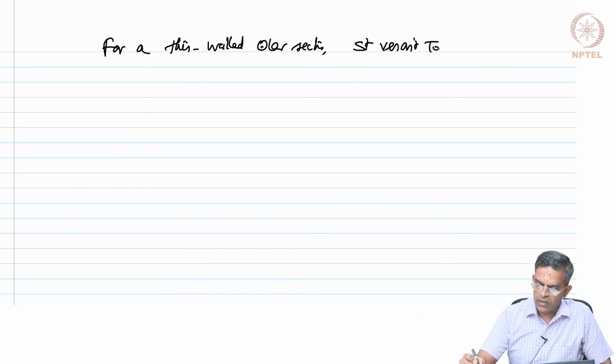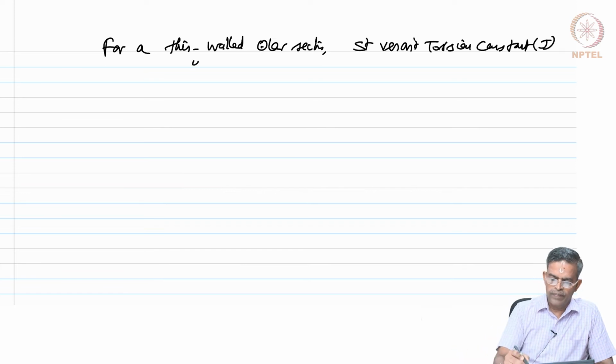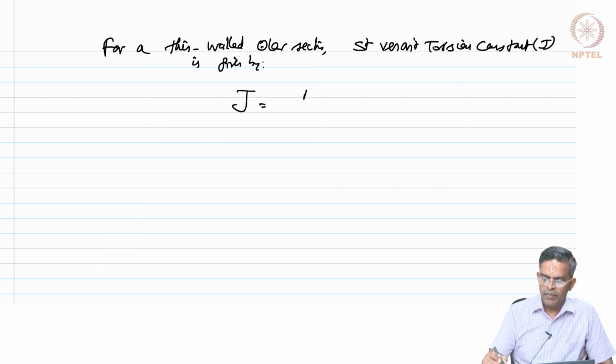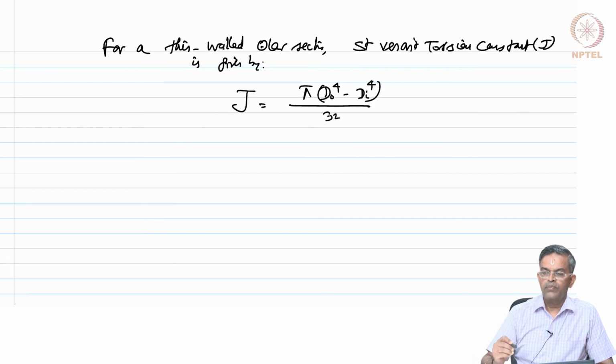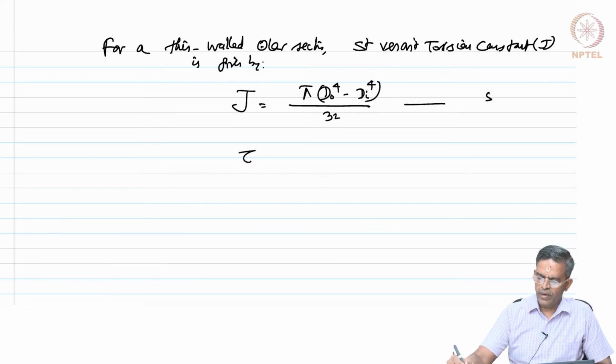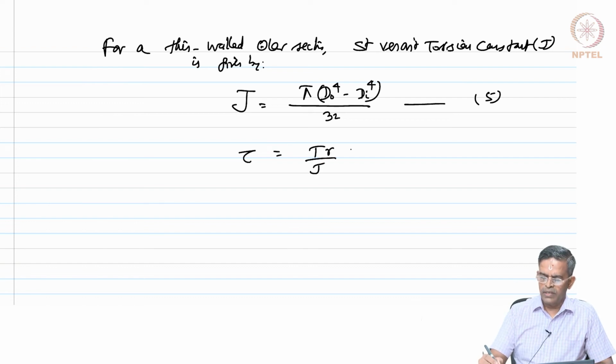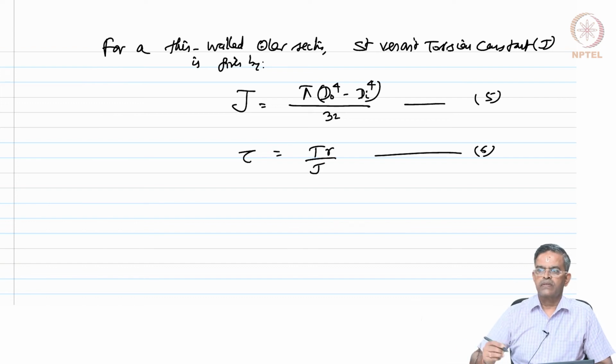Saint-Venant's torsion constant J is given by J equals pi (dO^4 minus dI^4) by 32, equation number 5, and tau is TR by J, which is 6.